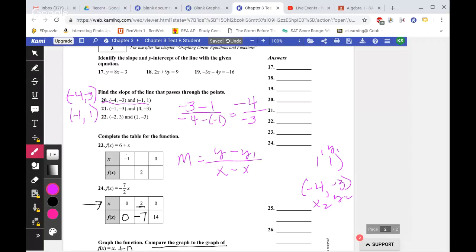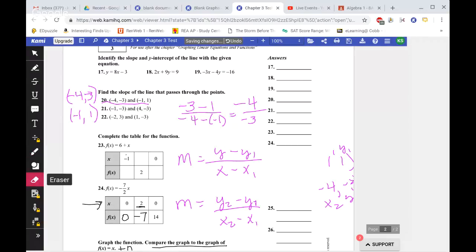You're going to see it written all kinds of ways. It's just the change in Y over the change in X. So you can see it written many different ways, but this is your formula for the most part. You're just looking for the change in Y over the change in X.